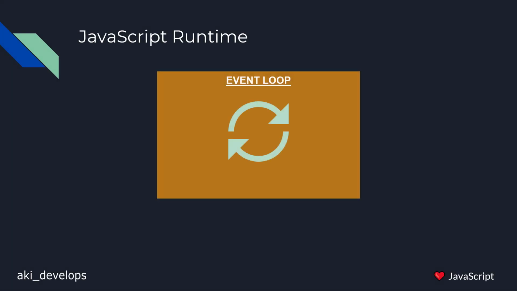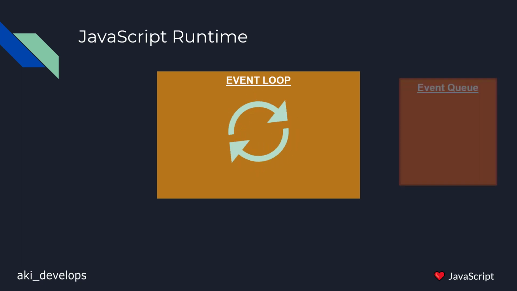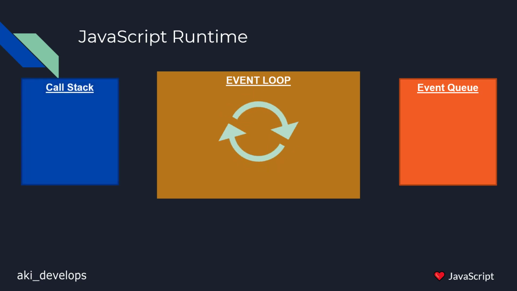This event loop is a process which is constantly running in the background. It checks event queue and call stack to handle Web API responses. When a Web API completes its execution and tries to return the response, this response first goes to event queue. Event loop will check if the call stack is empty and if there is anything in the event queue.